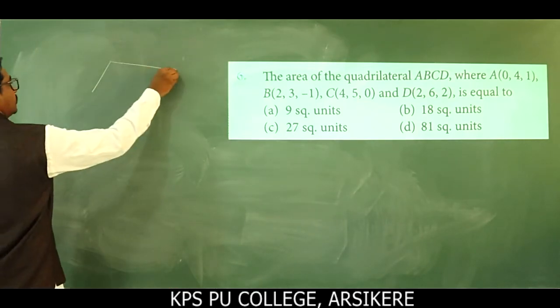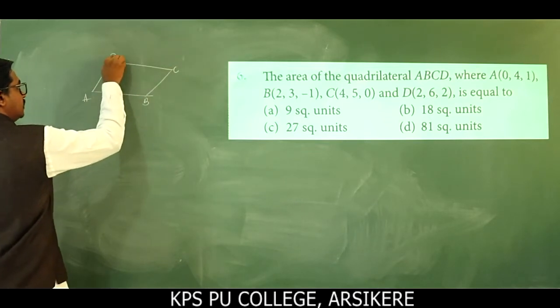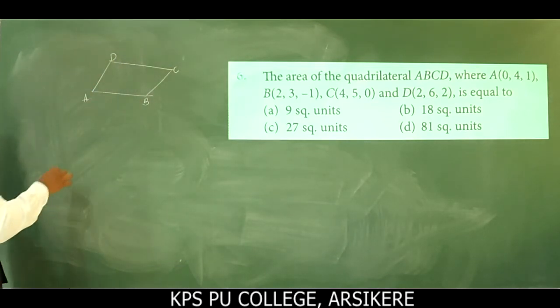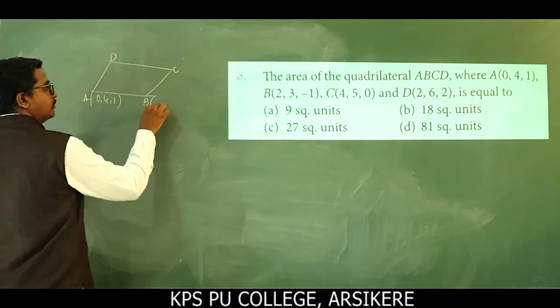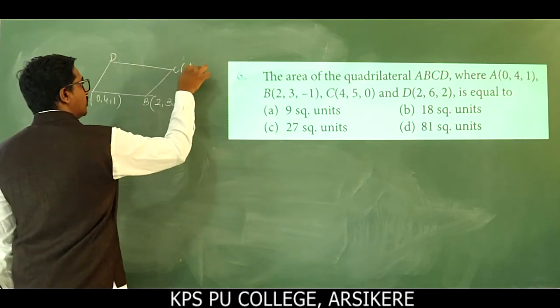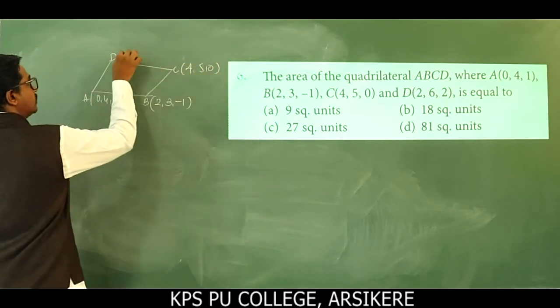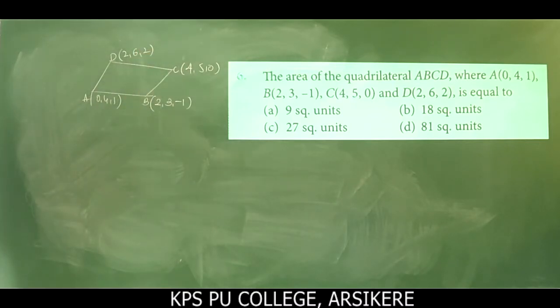They gave 4 points, right? The first point is 0, 4, 1, the second is 2, 3, −1, C is 4, 5, 0 and the other one is 2, 6, 2. So these are the 4 points.